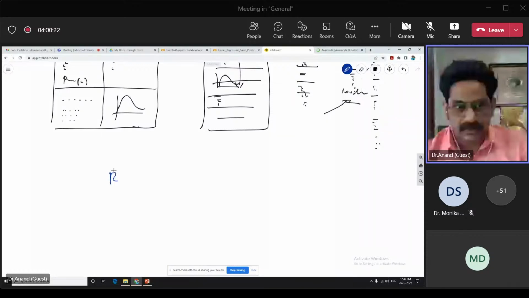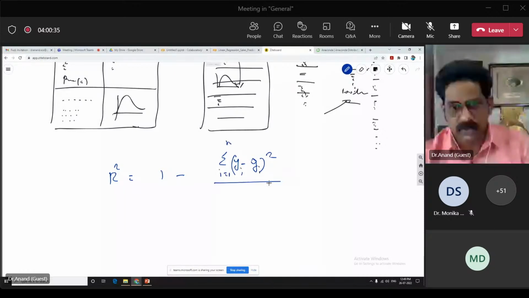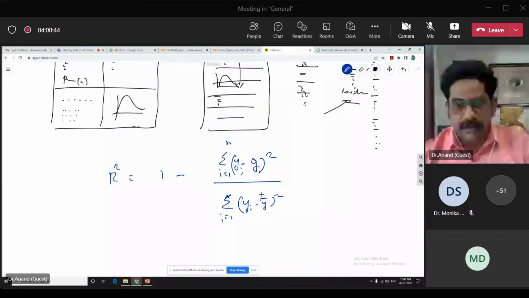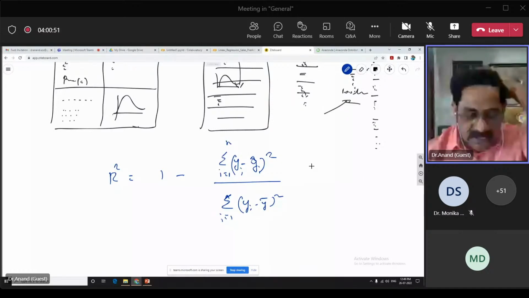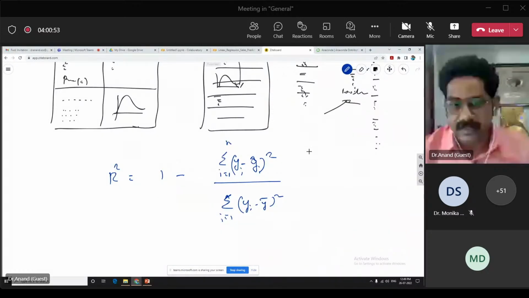Mathematically it is defined like this: summation of (y minus y cap) whole square, i varying from 1 to n, divided by summation of (y minus y bar) whole square, i varying from 1 to n, subtracted from 1. Higher the R square, better the model. What percentage of the variation in y is explained by your independent variables? Explainability.